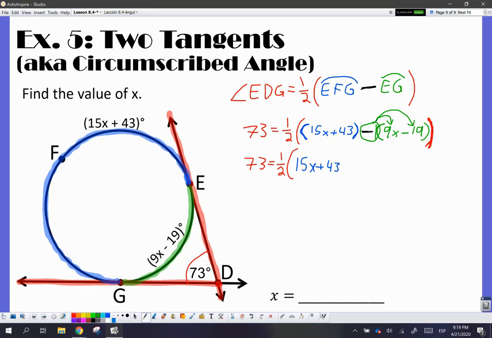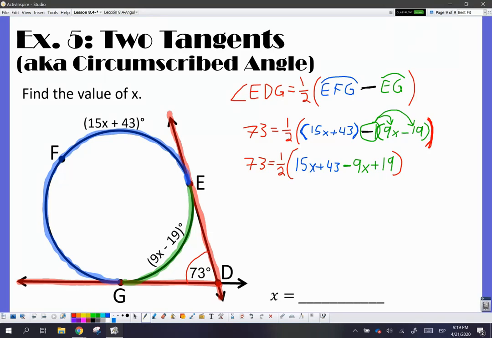So I have -1 times 9x, which gives me -9x. Then -1 times -19, which gives me +19. I'm going to close the parentheses, and I'm ready to move on now.